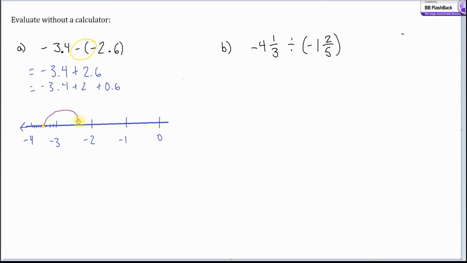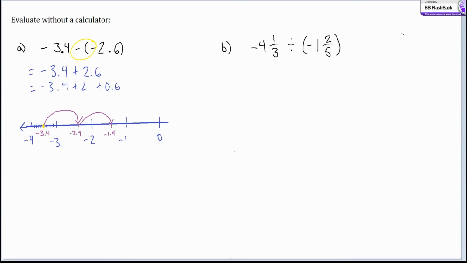Whenever we add, we're moving to the right on a number line, and this will get us to negative 2.4 because we started at negative 3.4. And we're going to add one more whole number, and that'll get us to negative 1.4.